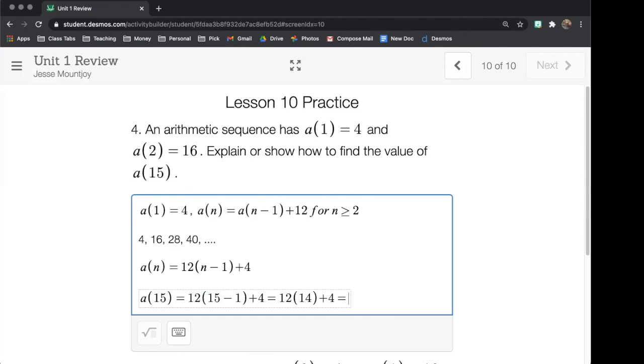So it's 168 plus 4, which gives me 172. So this is much easier using the explicit definition than trying to go through all these steps to eventually get to 172 on the 15th step, right? That'll take me way too long.